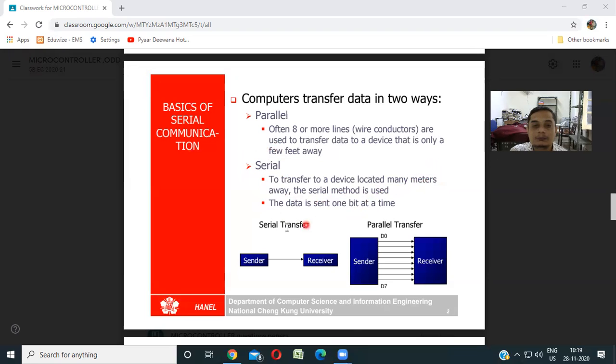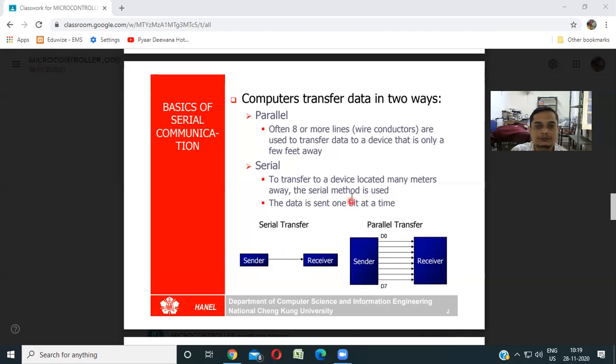The data is sent one bit at a time. That means the data are sent D0 first, then D1, D2, D3, D4, D5, D6, and D7. Like this, the data are sent serially from the sender to the receiver, one bit at a time.